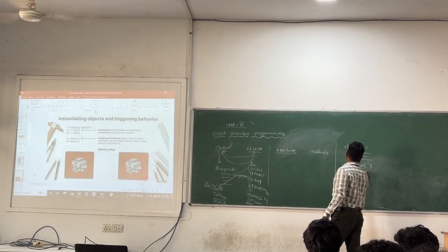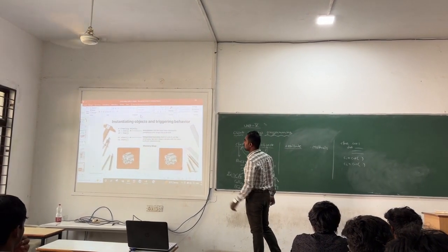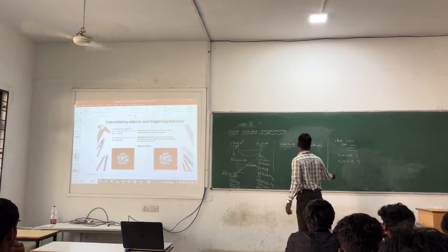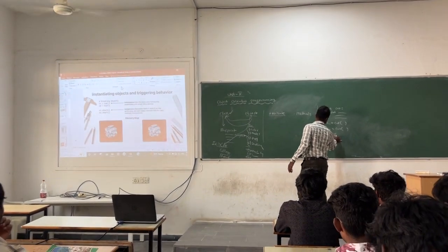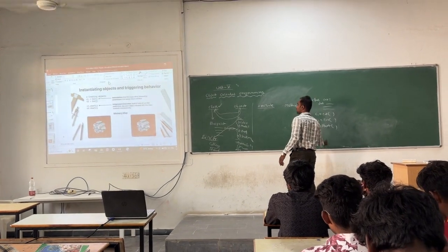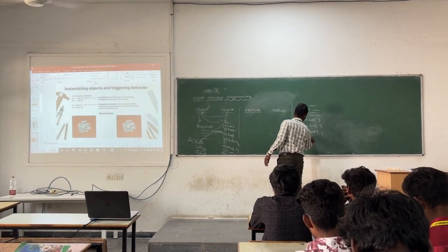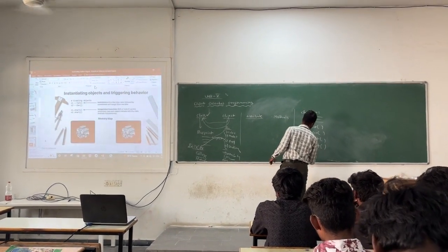C2 is equal to car, it calls the car class. C1 dot start. Next, C2 dot start. Like this, different objects will be there.